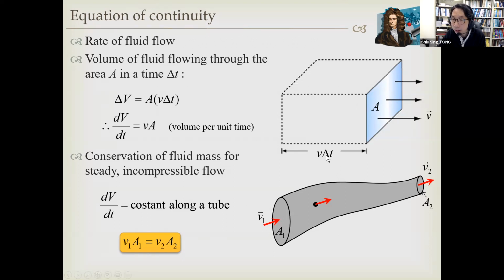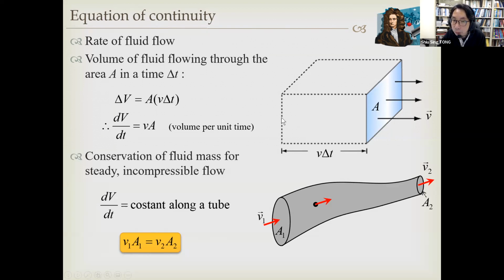Now V delta t is actually the distance traveled by a fluid molecule in a time delta t. So if you consider any molecule to be inside this cube at the beginning, after a time delta t, they will all pass this surface and flow out of this volume, right?